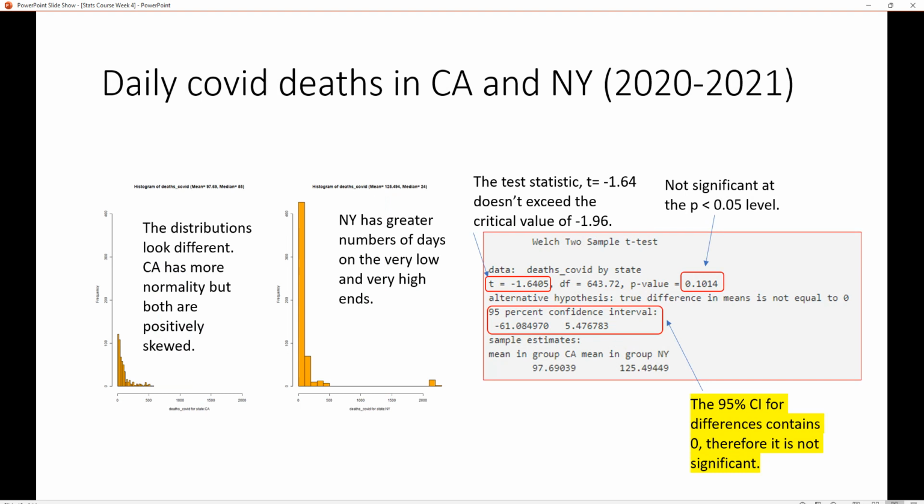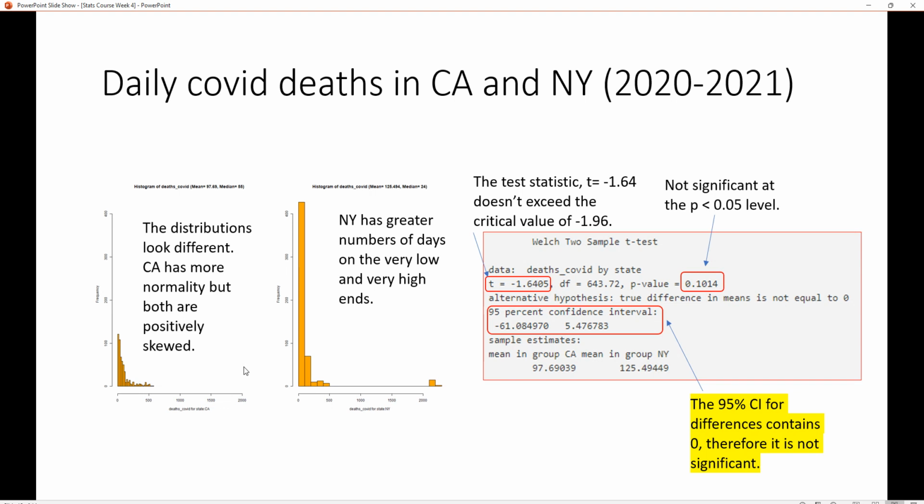So we'll go on to the next example, and this time we're going to look at daily COVID deaths in California and New York for 2020 and up until about September of 2021. Again, on the left side, we're starting with some descriptive statistics.